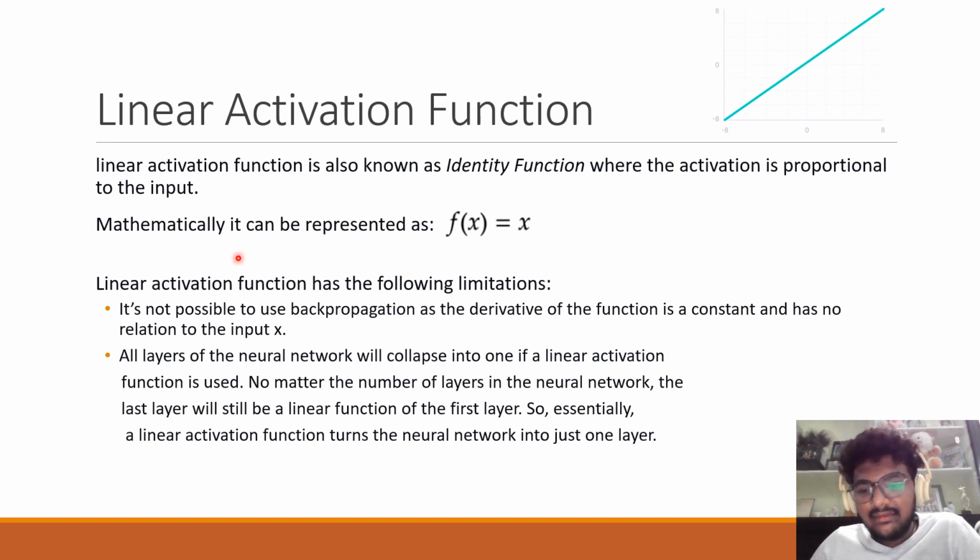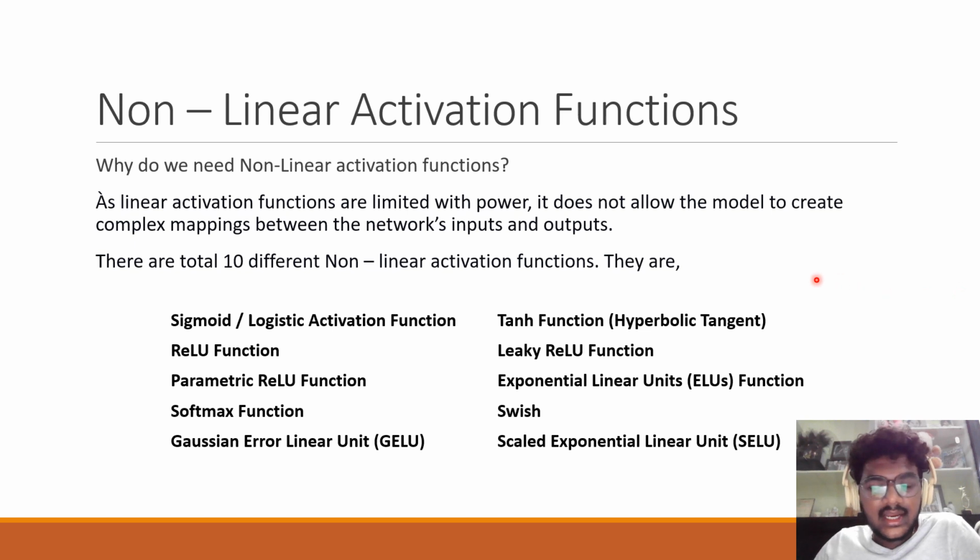That's why we come to the next point, nonlinear activation functions. As discussed, linear activation functions are limited in power. They do not allow the model to create complex mappings between the network's input and output. So we introduce nonlinear activation functions.